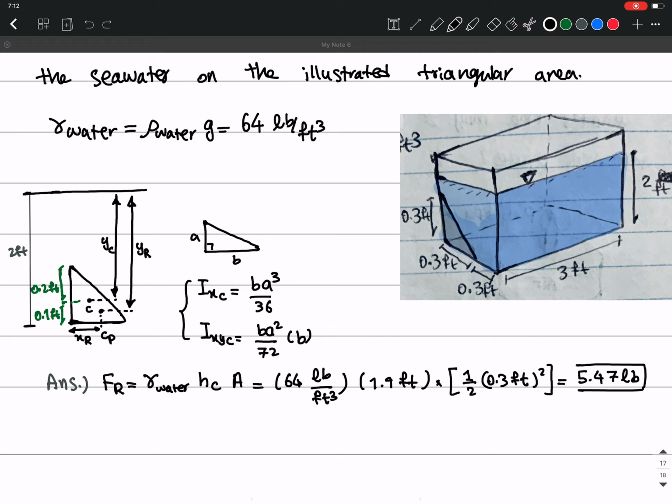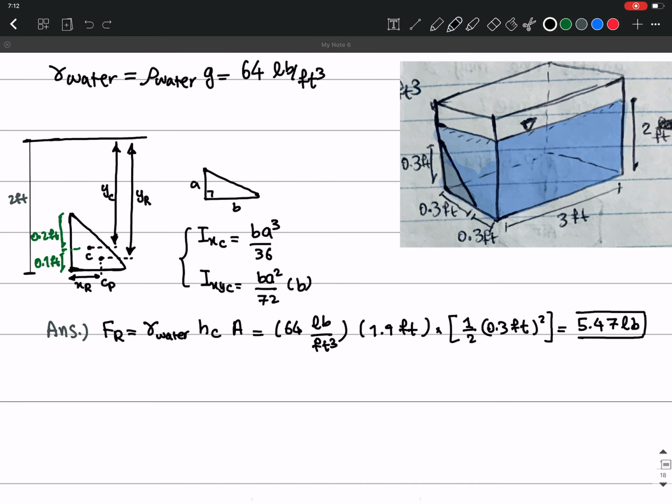So if you write the units, and then you also look at the final units, these foot units are gonna all cancel out, and you are only left with pound, which is the unit for force. Then this means you have done all the process and multiplications correctly. Okay, so make sure you double check the units whenever you solve these problems.